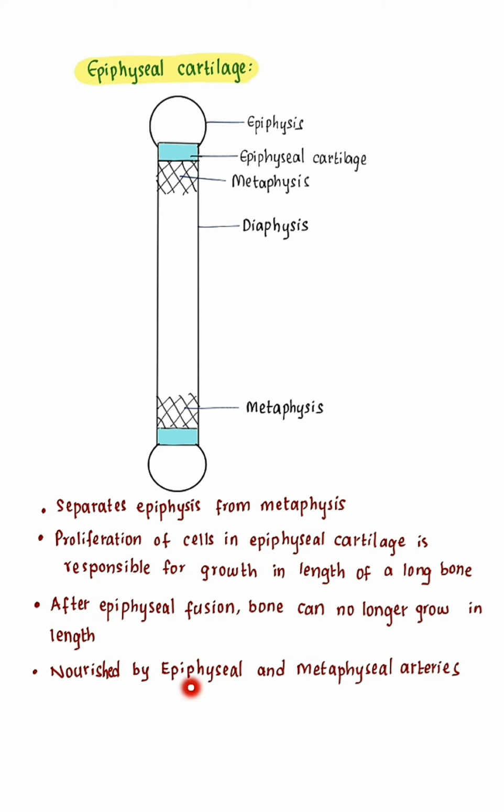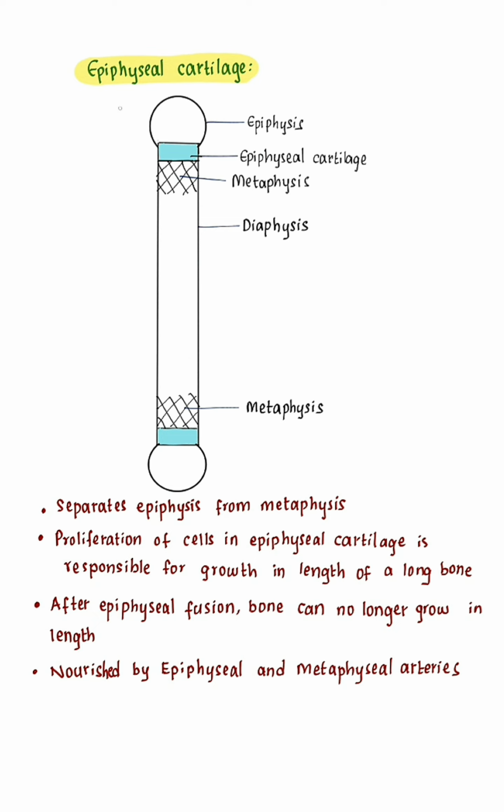It is nourished by epiphyseal and metaphyseal arteries. The fusion of epiphysis occurs 2 or 3 years earlier in females than in males. Thus, females are shorter than males.